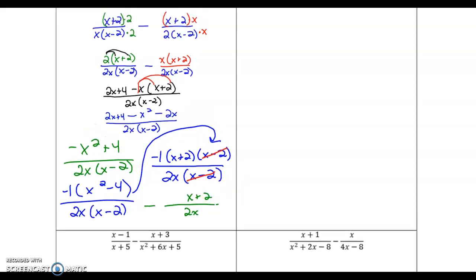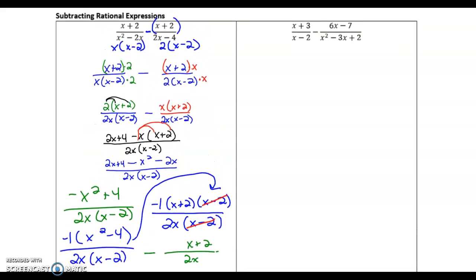All right, let's take a look at the next one. So I'm just going to rewrite the problem. And let's go ahead and factor that second part as we rewrite it. So x squared, we break up x and x, 2 and 1, both minus.